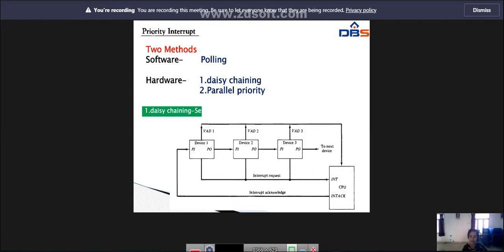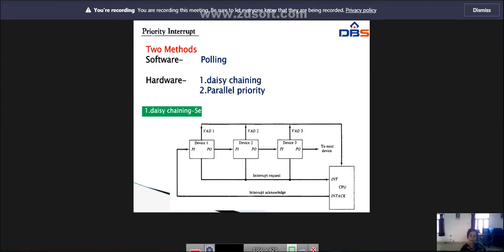If PI is 0, both PO and the enable line to the vector address are equal to 0, irrespective of the value of RF.